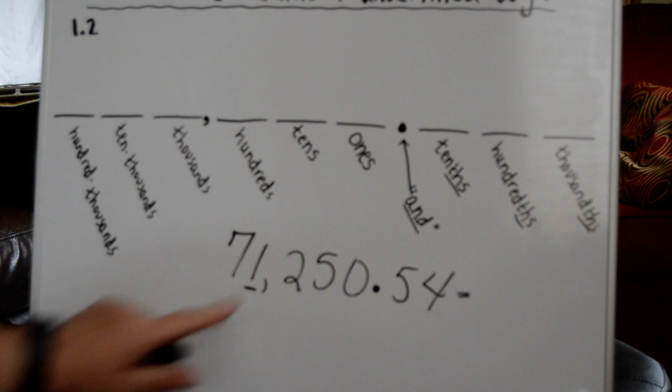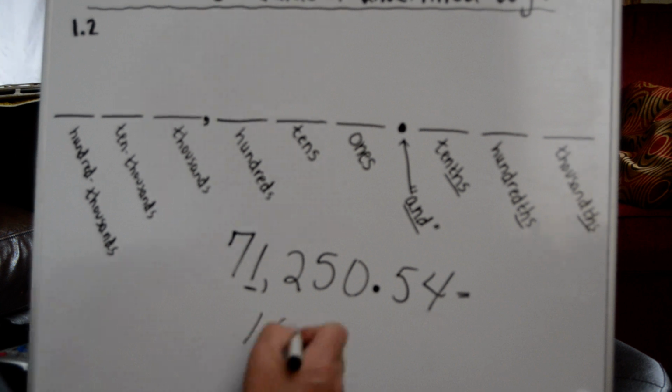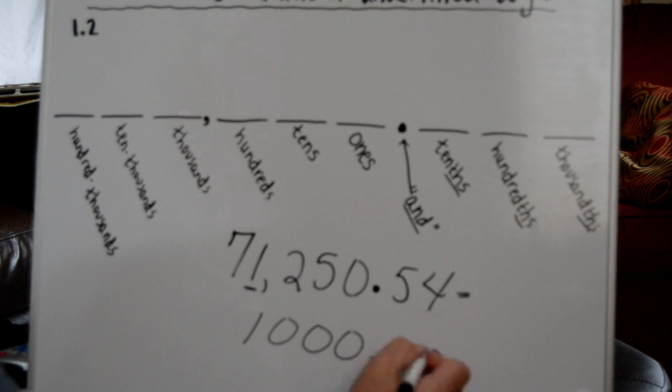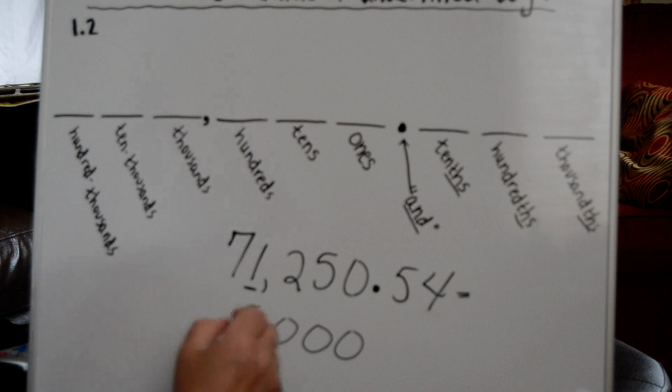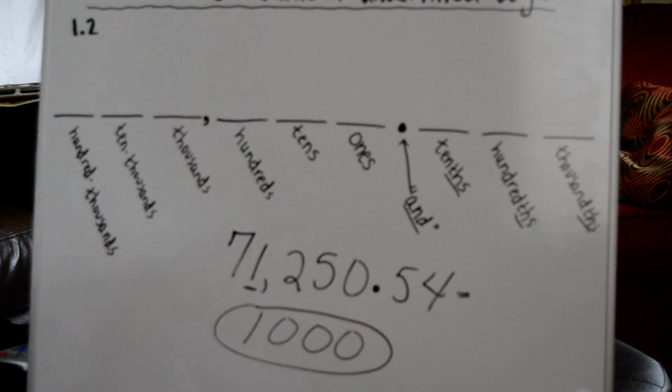It's worth 1,000. So we write down the number 1,000. Can I put 0.00? Yes, I can. This number, 1,000.00, is the same as just writing down 1,000. And that is the lesson, place value, value of the underlined digit 1.2.